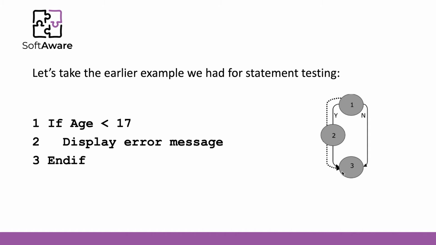But if we are trying to achieve 100% decision coverage, we have to address all the possible outcomes that come from exercising this decision. I only have one decision in line 1. But there are two possible outcomes. The first one is true, yes, and the other one is no, false. So in order to exercise those two outcomes, I have to have at least two test cases to achieve this.